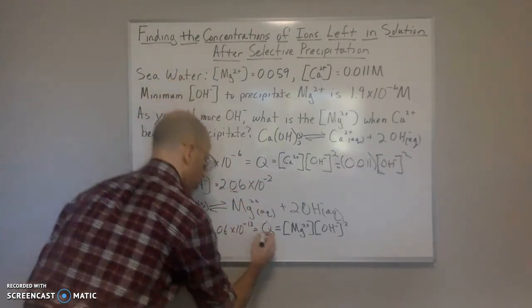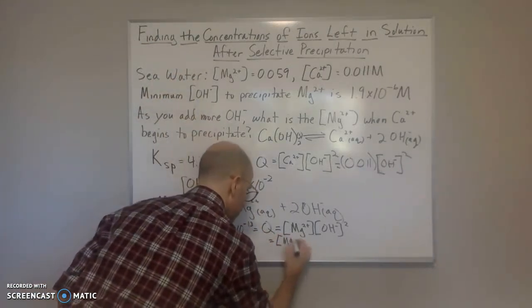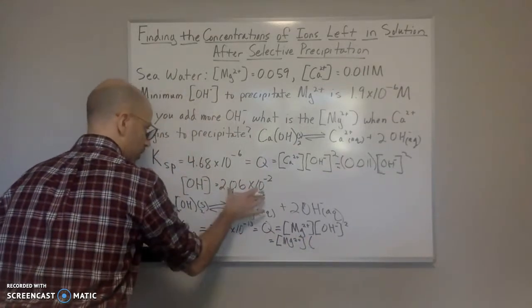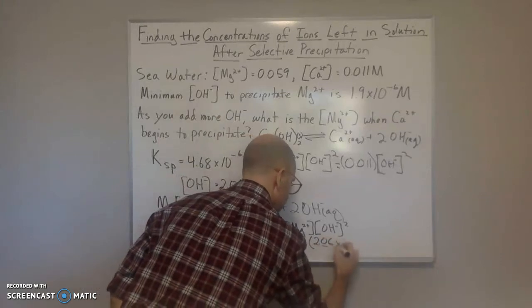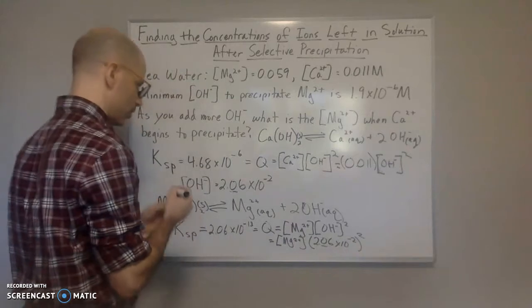So what we're going to do is that's going to be equal to magnesium 2+, and now we're going to plug in this value, 2.06 times 10 to the negative 2 squared.